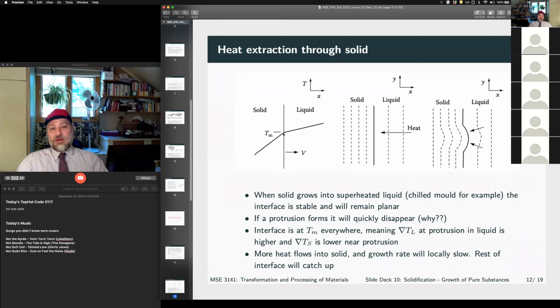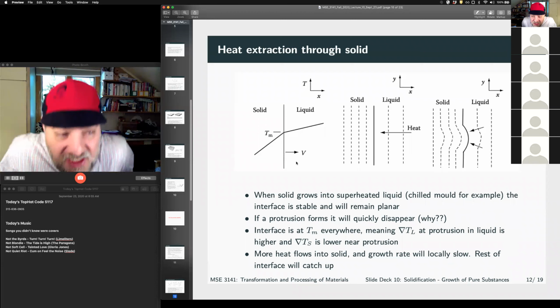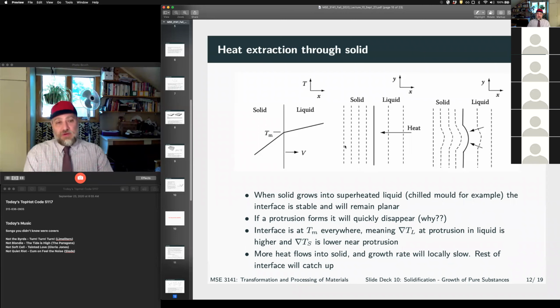We have a chilled mold back here, and some equilibrium temperature of the liquid that's far away. In this case, we're going to be stable. This is going to lead to stable growth where this interface moves forward and stays flat. Not necessarily atomically flat. This can still be a diffuse interface, but macroscopically, it's going to remain planar.